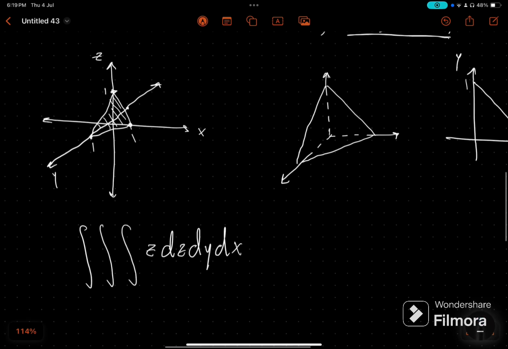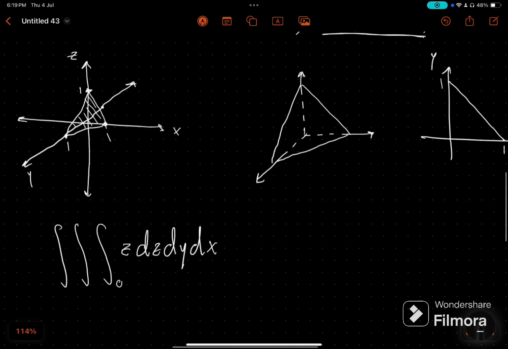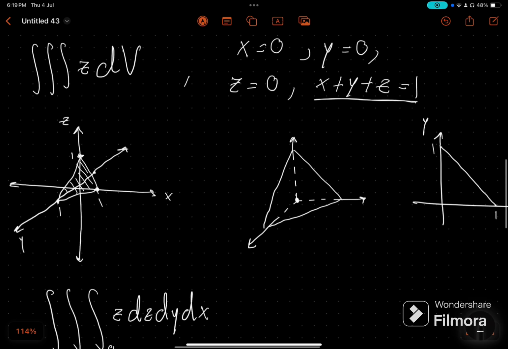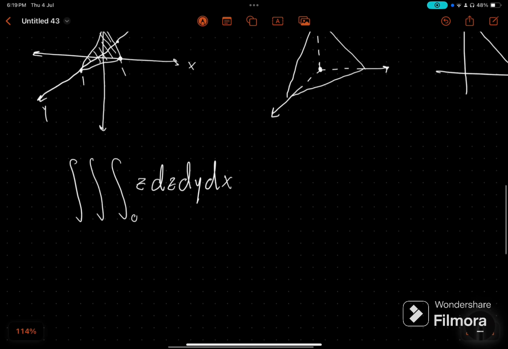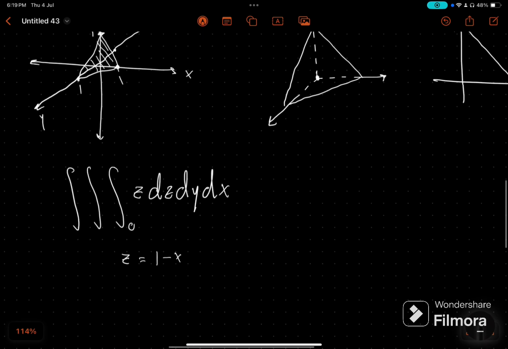And so for dz, z goes from 0 up to a function of x and y, which is 1 minus x minus y. Now this is z, and so it's not really one value, it's just a function of all of the other values.